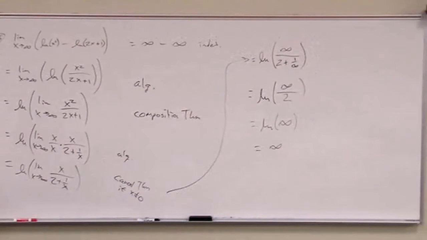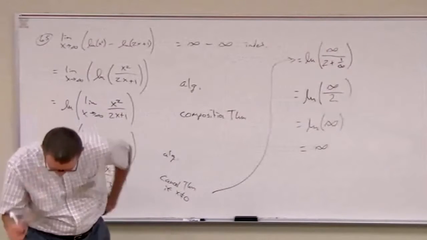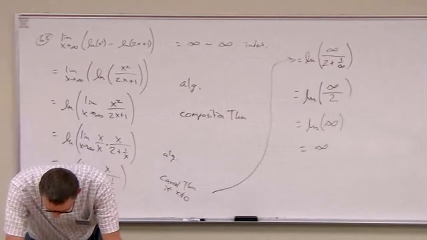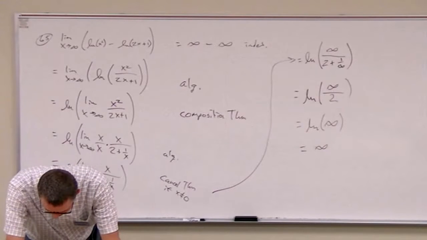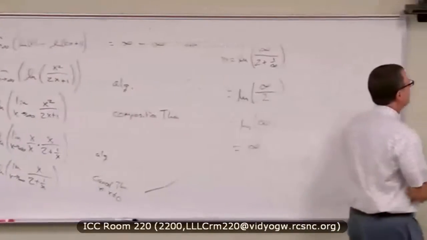Which one's next? Let's see if we can get through all these real quick. 71 was next. Oh my gosh. Sine squared of 3x. Okay, well, let's go here.